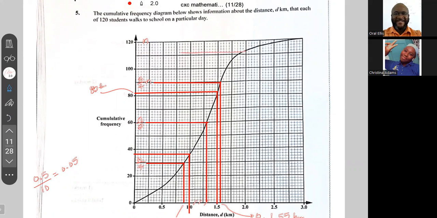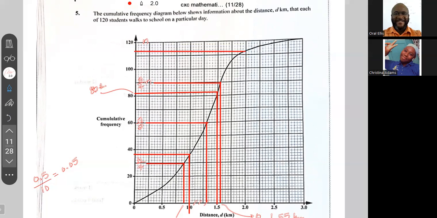It looks like it corresponds to 112. I could probably say 113, but let's say it's 112 for the time being. All right, we'll know when we do the check which one is more correct.